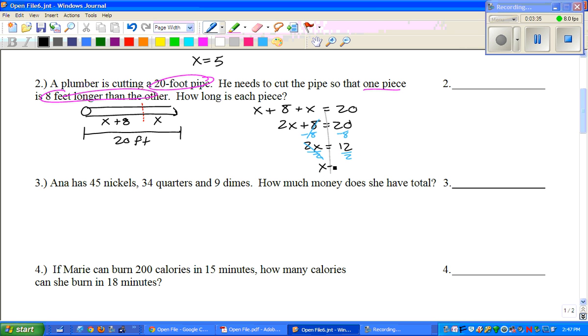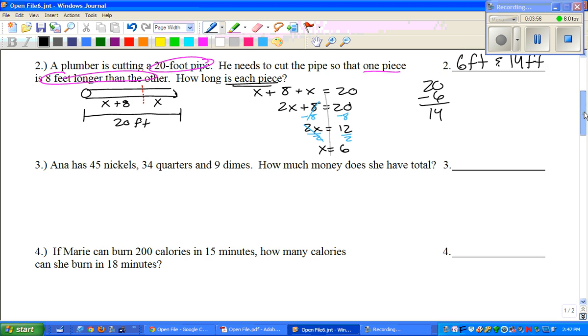What does X equal? And we want to know each piece. Okay, so we have a 6-foot piece, and, well, 20 minus 6 is 14. Okay.